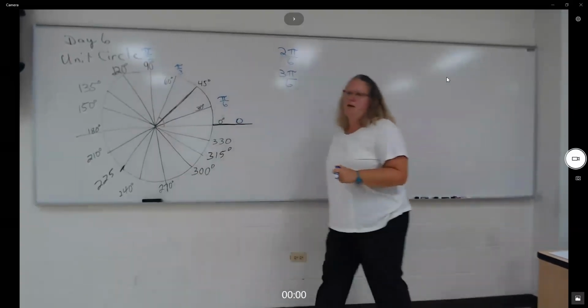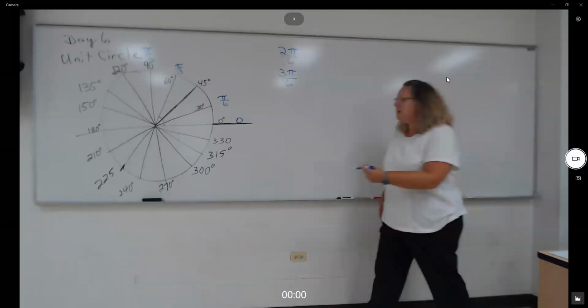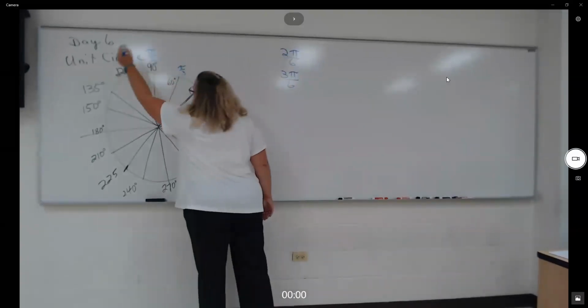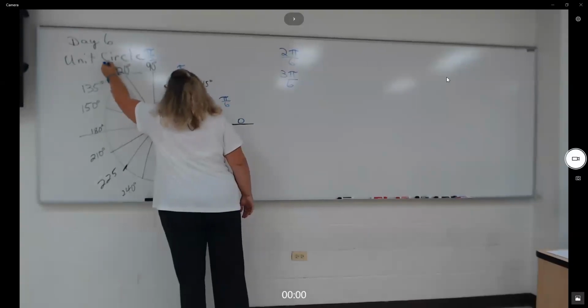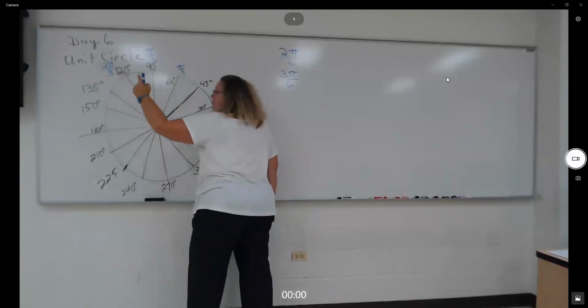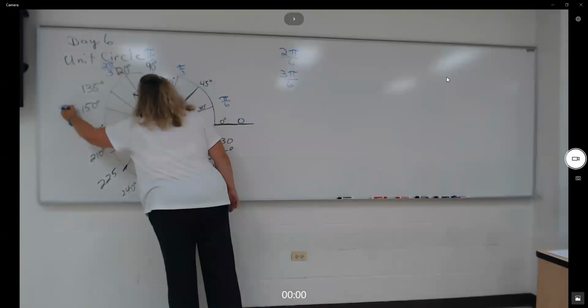How are we doing? Okay. So just count sixes: 1/6, 2/6, 3/6, 4/6, but that reduces. 5/6, that's kind of nice, that doesn't reduce.